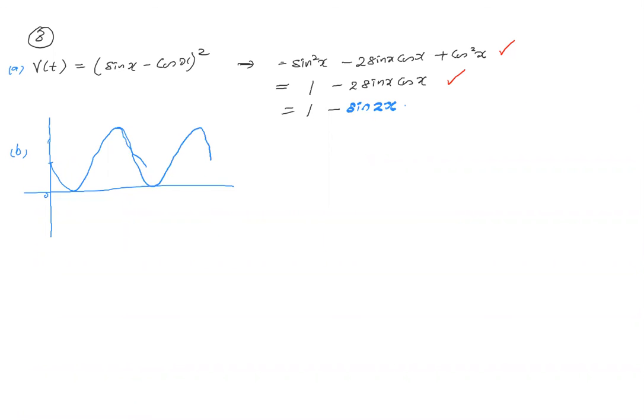Below the axis? It's parts of it are below the x-axis. I got the same graph as yours. Oh wait, no, it's my bad, sin 2x. That was my bad.